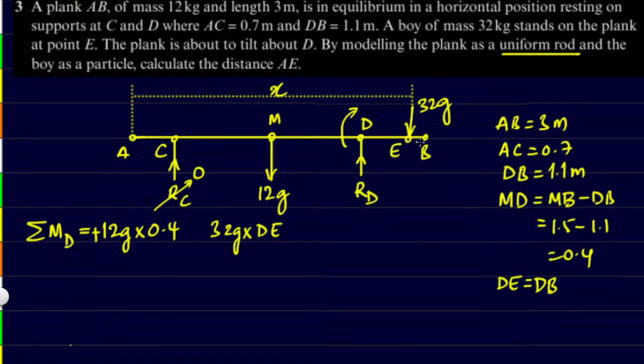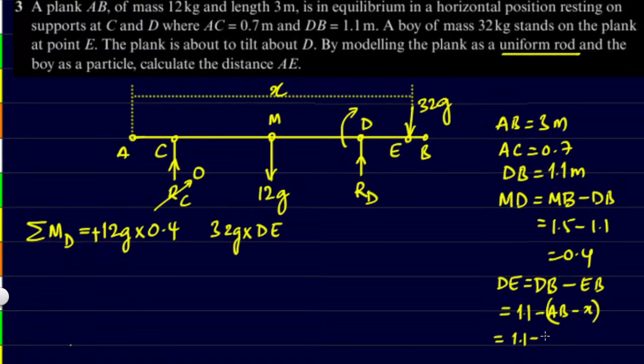So DE can be written as DB minus EB. Yes? And EB can be written as total length AB minus X. DB is 1.1. EB can be written as bracket AB minus X, right?